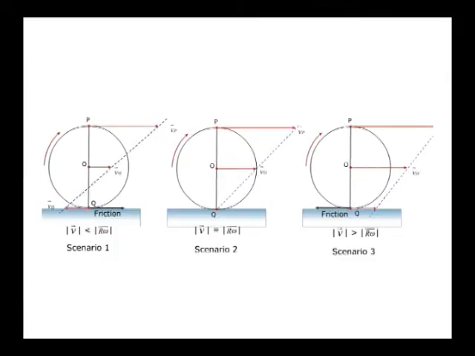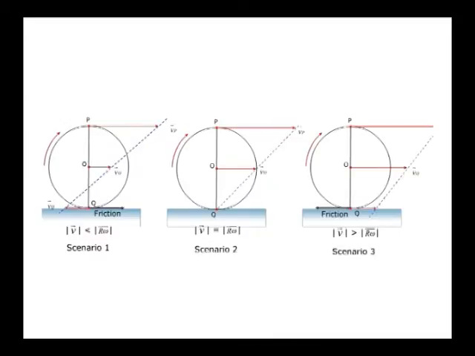There is no sliding friction in the second scenario because the point Q in contact with the surface has zero velocity. What does the sliding frictional force do?